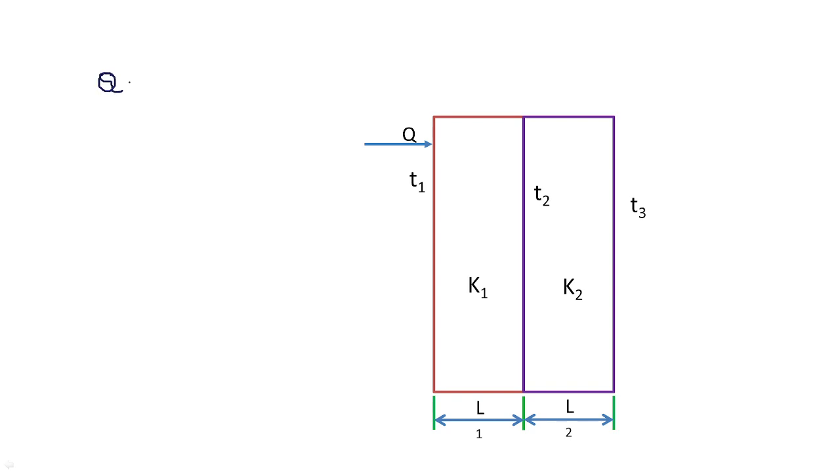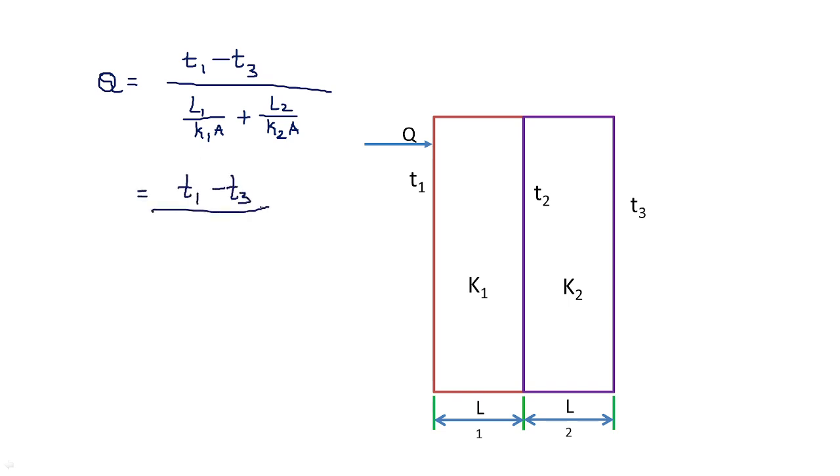I want Q. Can I write this Q like this: T1 minus T3 by L1 by K1A plus L2 by K2A? L by KA, what we have written, is RTH. So it is RTH conduction 1 plus RTH conduction 2.